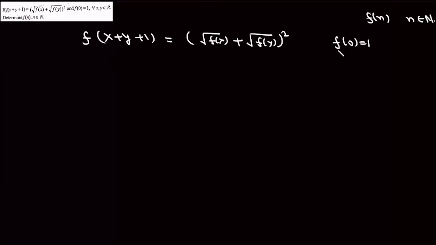So we are looking for our natural number relationship. And since we are already given f(0), the natural substitution looks like y equals 0.